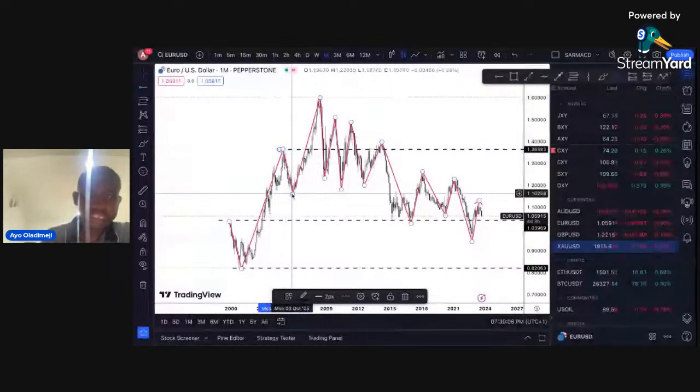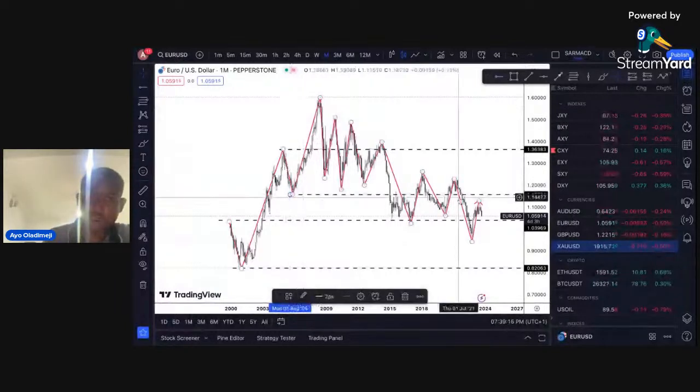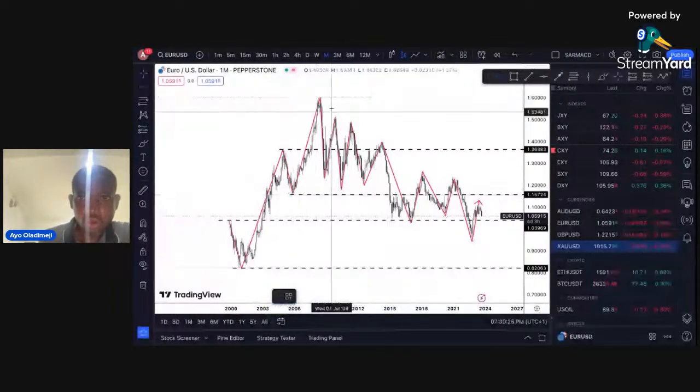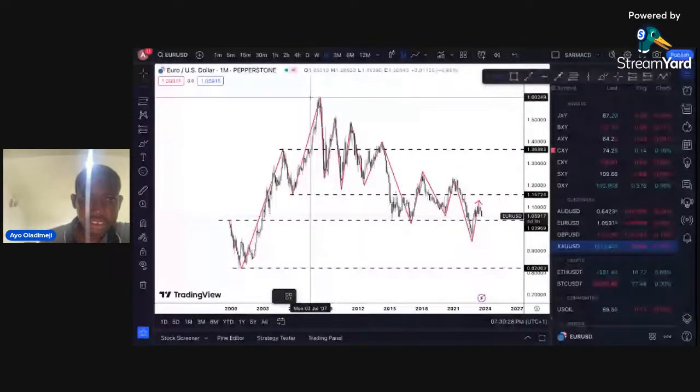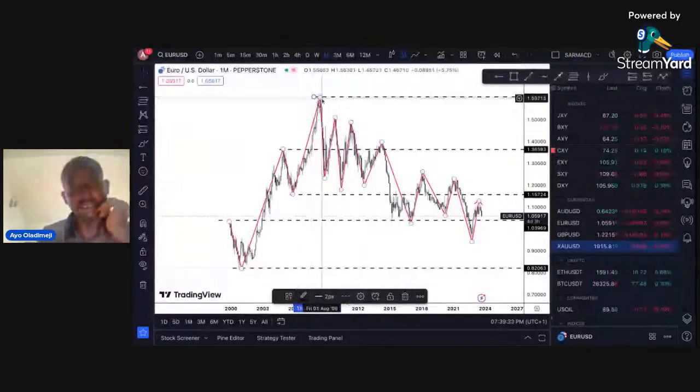Then the next thing we saw is that in 2015 August, price bounced up again from $1.15. And then when it bounced, it went all the way up to $1.6. And then it became a resistance again.